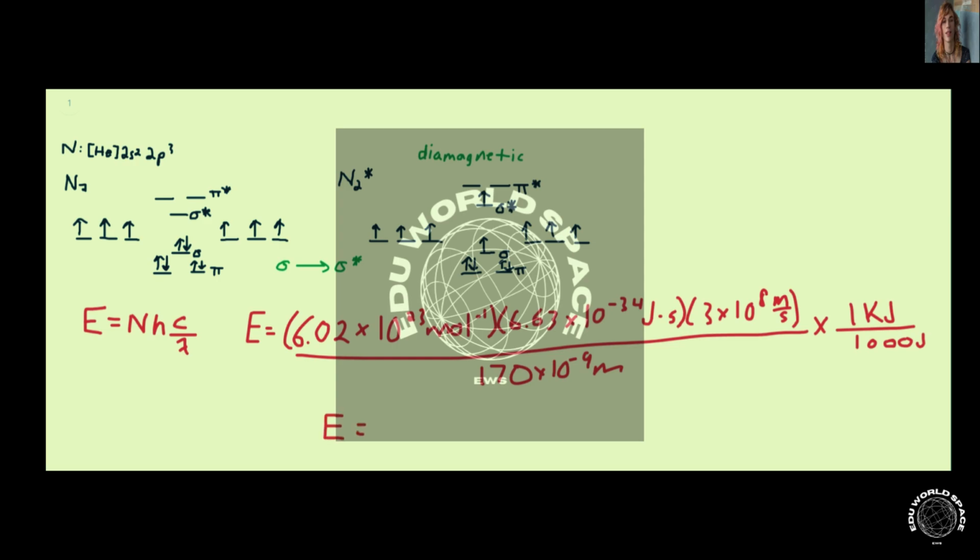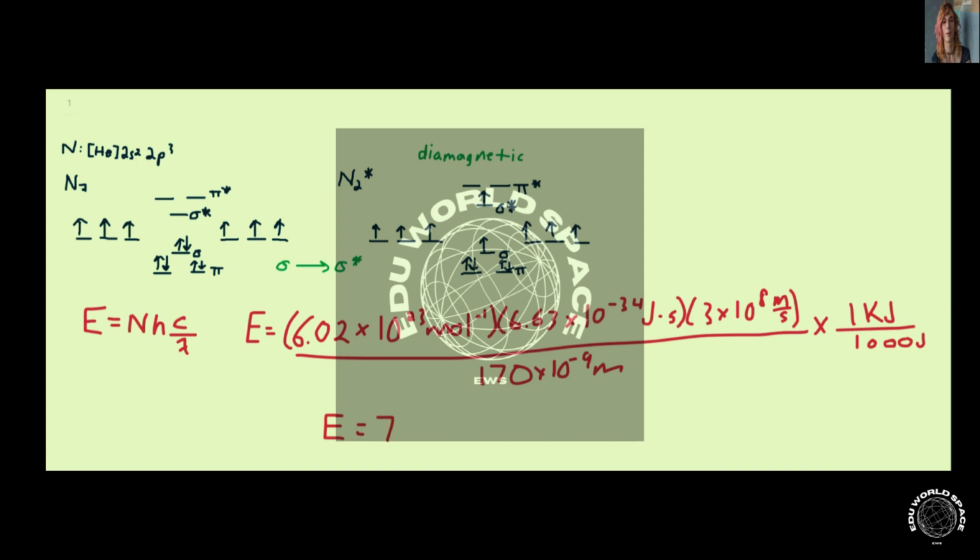So E is going to equal 6.02 times 10 to the 23rd, times 6.63 times 10 to the negative 34, times 3 times 10 to the 8, divided by 170 times 10 to the negative 9, divided by 1000.